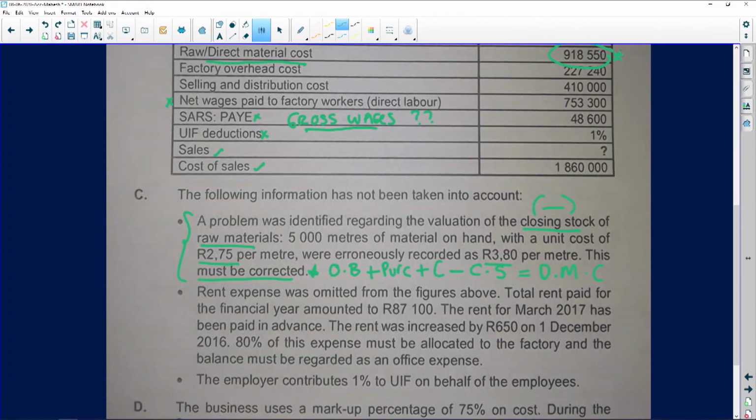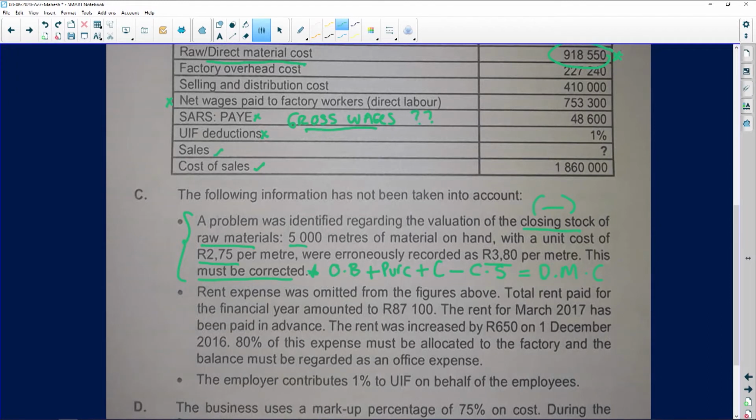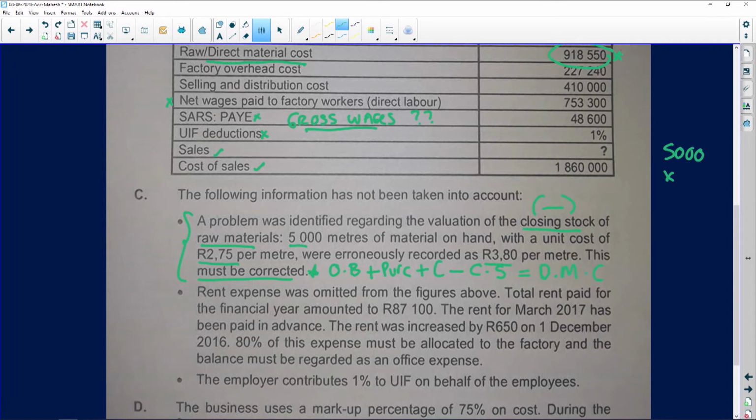Now, if we look at the information given, we can clearly see that the business subtracted too much. What am I referring to? 5,000 meters were on hand. So 5,000 meters of material was on hand, not used at the end of the year. And that material had a unit cost of 2 Rand 75.